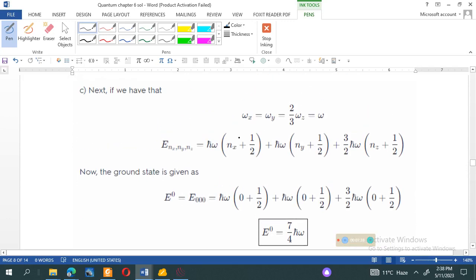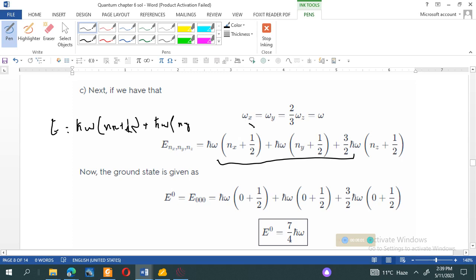We have already found the general expression for the energy, which was E equal to h cut omega x into nx plus 1 over 2, plus h cut omega y into ny plus 1 over 2, and similarly for z, which we obtained in the previous part.